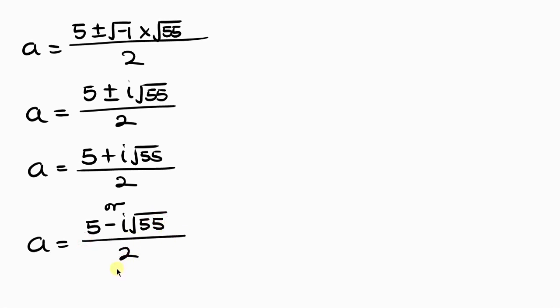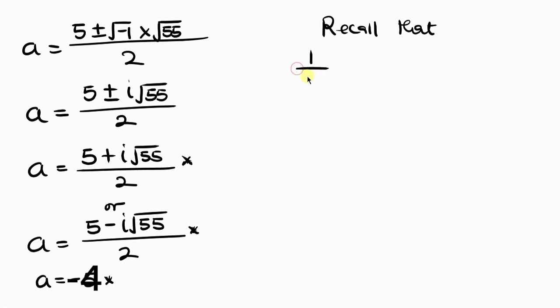So there are actually three values of a that we've got. Remember, one of them is equal to negative 4. So these are the three values of a that we've got. Now recall that we're not just looking for a. So recall that the question said we had to look for x, and we substituted by saying let 1 over x be equal to a.